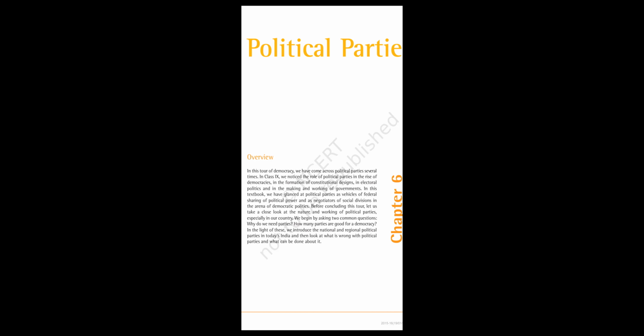Now, at the end of that chapter, we studied about what are the different forms of power sharing in modern day democracy. So the answer to that was the first form of power sharing was horizontal distribution of power, right?